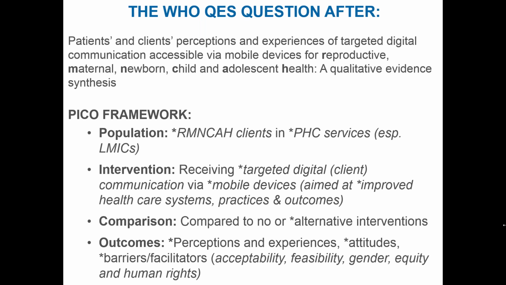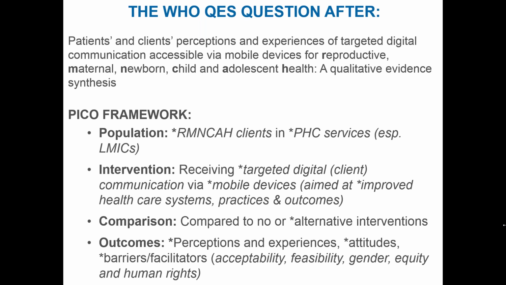So we're talking about SMSs, MMSs, perhaps even video links, as long as you could receive that on a mobile device like a mobile phone or a tablet, and that communication was specifically aimed at improving healthcare systems, like the healthcare communication system with patients, healthcare practices such as patients being able to have follow-up appointments, and outcomes such as changing adherence behavior.